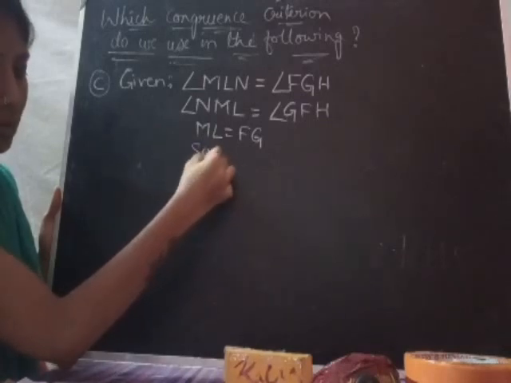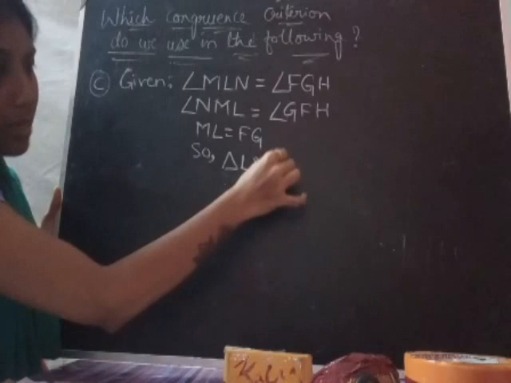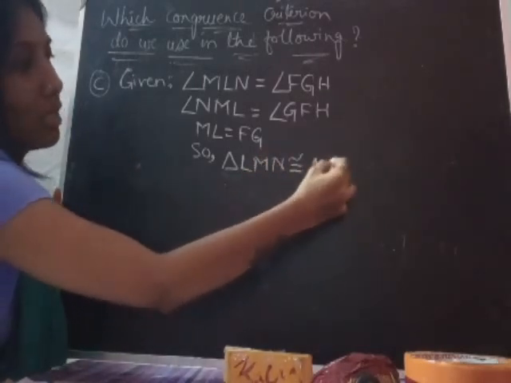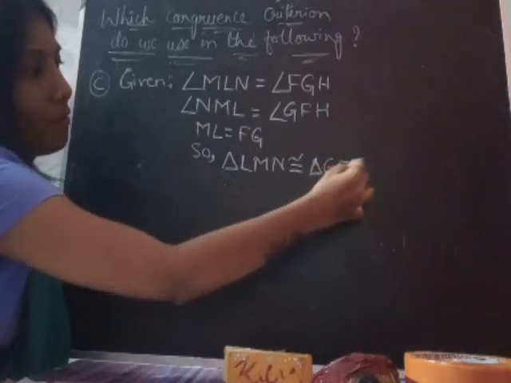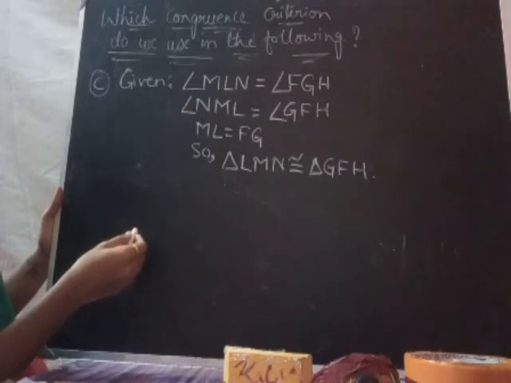So triangle LMN is congruent to triangle GFH. They have given the figure.